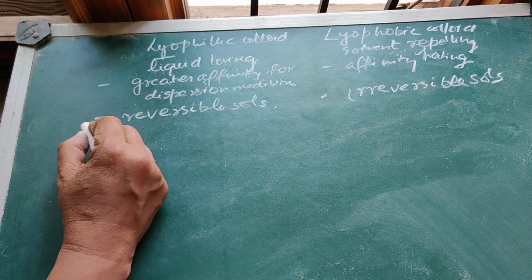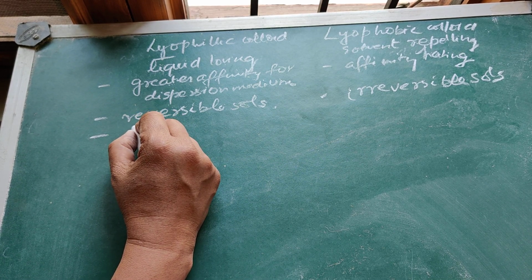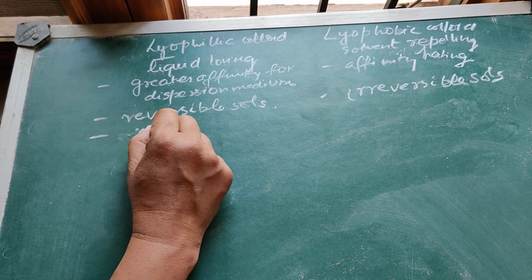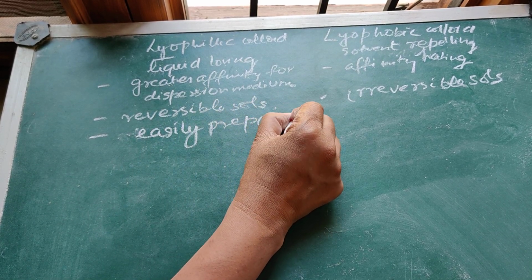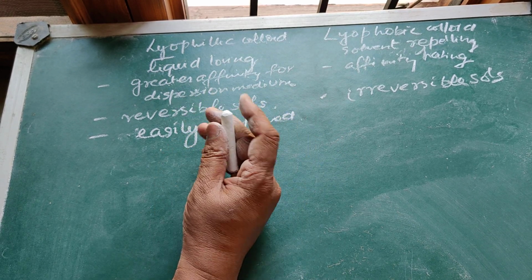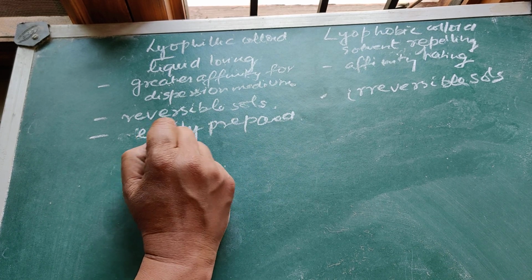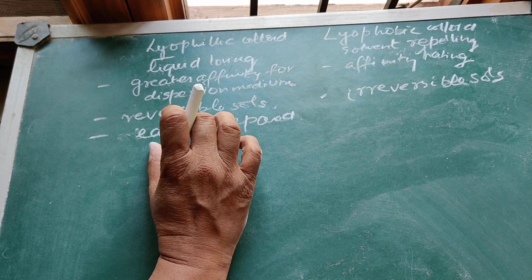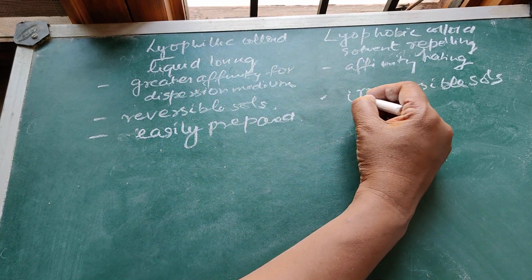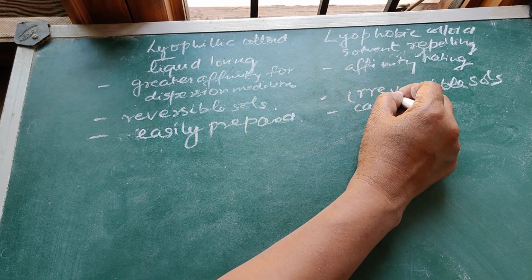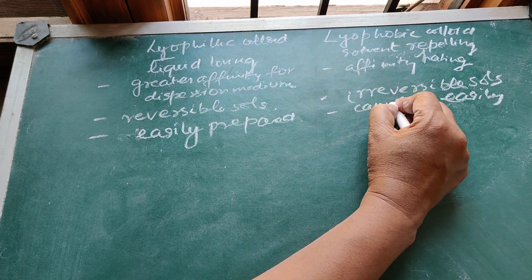This lyophilic colloid can be easily prepared by directly mixing the substance with a suitable liquid as the dispersion medium. You have to mix dispersed phase and dispersion medium in a proper quantity, and it can be easily prepared, whereas lyophobic colloids cannot be easily prepared.